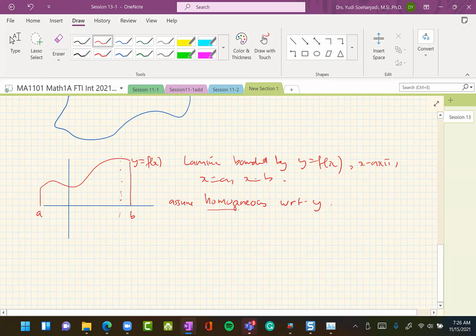That means homogeneous means the mass density on the line x equals something is uniform, so it only depends on x.